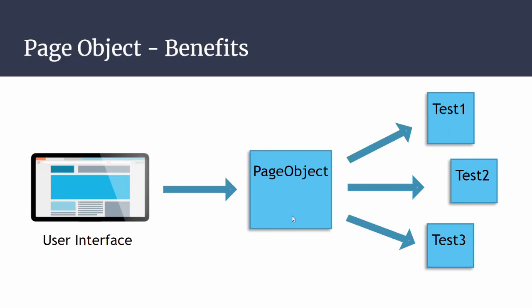But if we use the page object, we don't need to fix all the tests related to the change, because the code to interact with the web page is inside the page object. We will only need to fix the page object, and all the tests related to the change will be updated automatically.